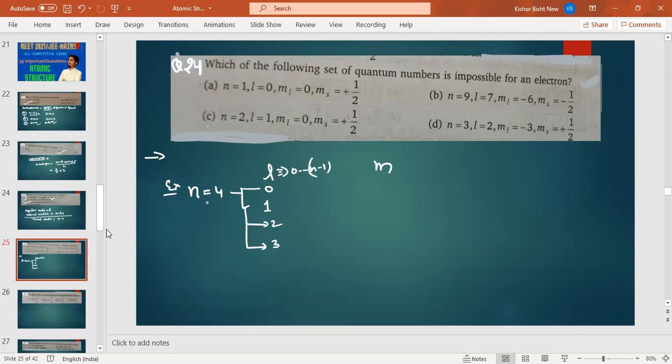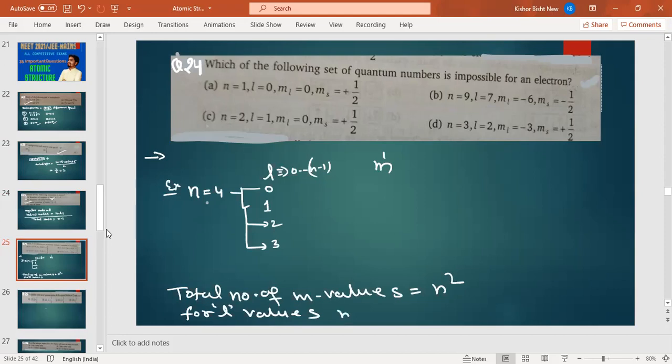Come to the m values. Total number of m values, one formula I am writing here: total number of m values is always equal to n square. So total number of m values, how many here? 16. And second, for l values, m values are, you can say, minus l to 0 to plus l.